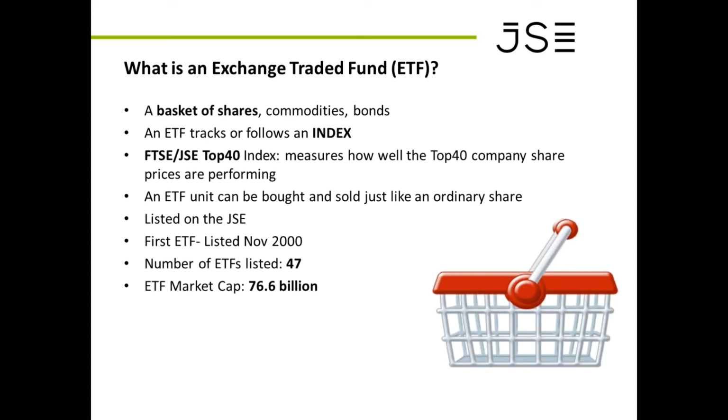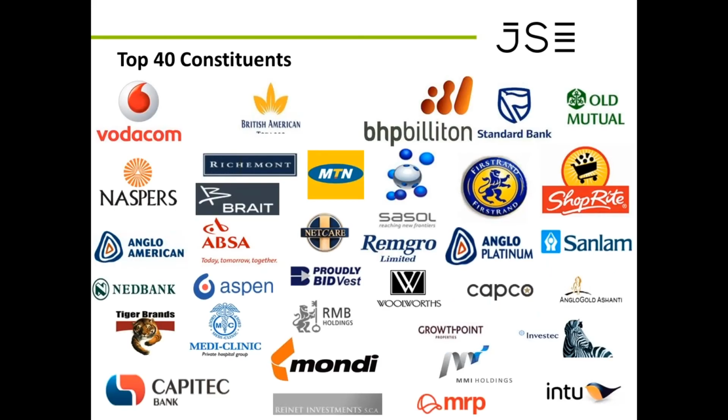You can have, for example, the top 40, which is your JSE top 40, and it tracks a basket of shares. So instead of buying one company out of the top 40 and not knowing what's going to happen to it, you could buy the whole basket. And by buying the whole basket, you are diversifying and making your risk a lot less.